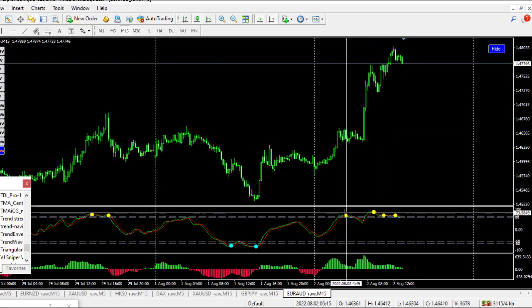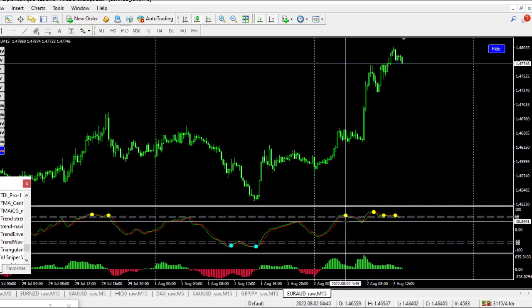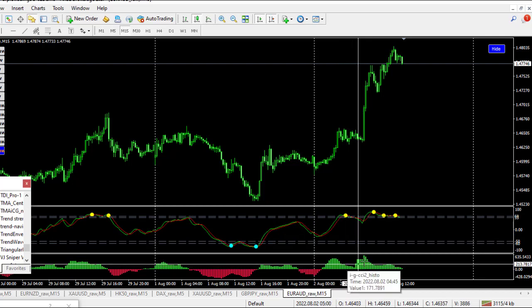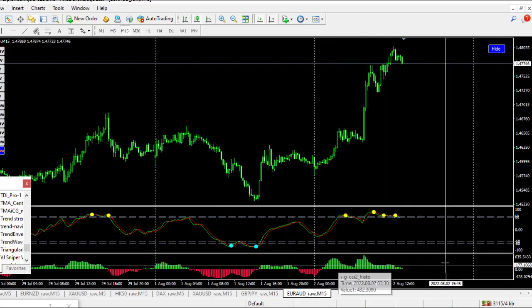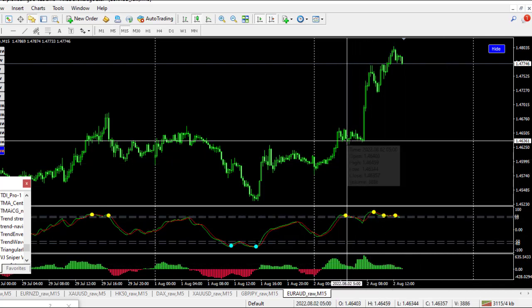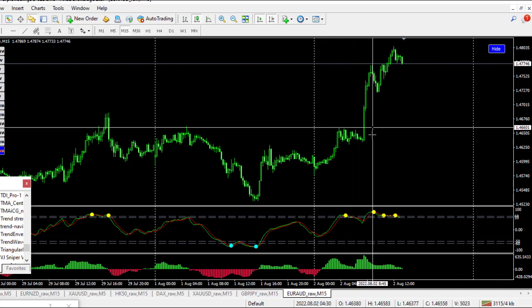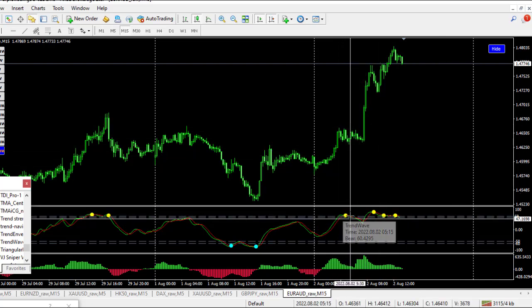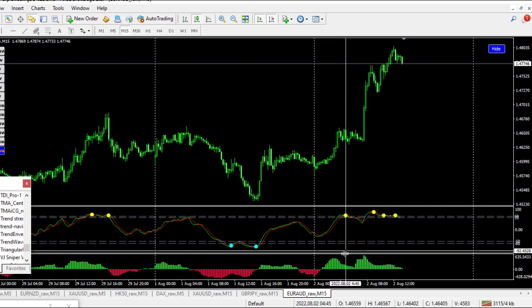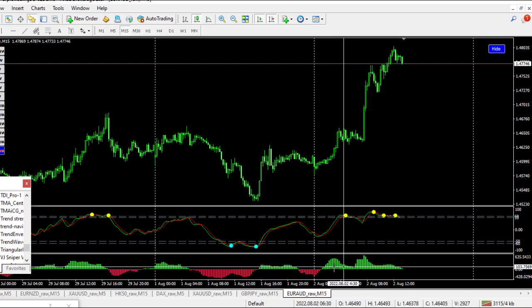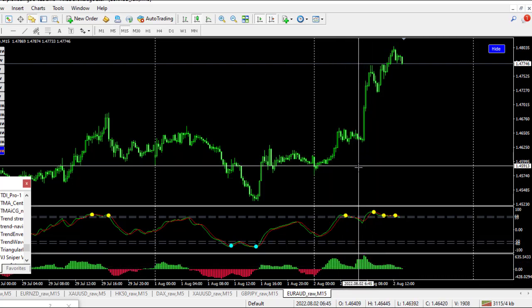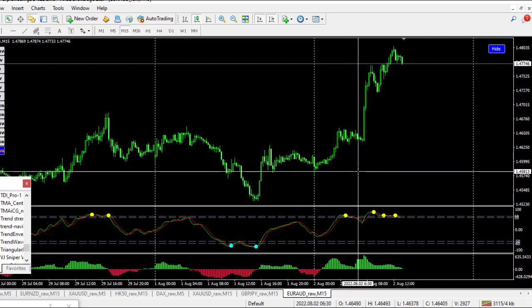So once you have the trend wave indicator giving us a signal for a sell, please check the other indicator to know if you need to place that trade or to wait for further confirmation. Once we have this trend wave giving us a signal at this particular point, look at the indicator. If the histogram is still green, please do not place that trade for a sell.